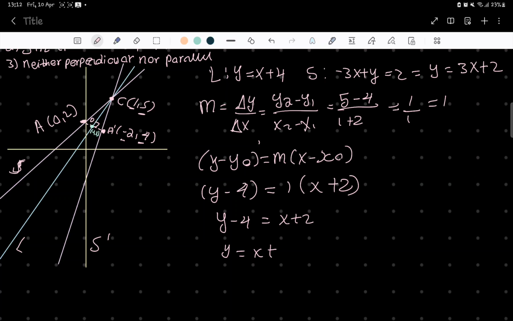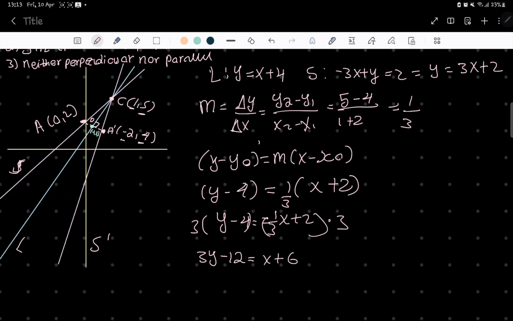Guys, there was a miscalculation here. 1 plus 2 is going to be 3, so the slope is 1 over 3. This is just one minor change, which won't change that much. To get rid of the fraction, we multiply all sides by 3. So 3y minus 12 is equal to x plus 6.